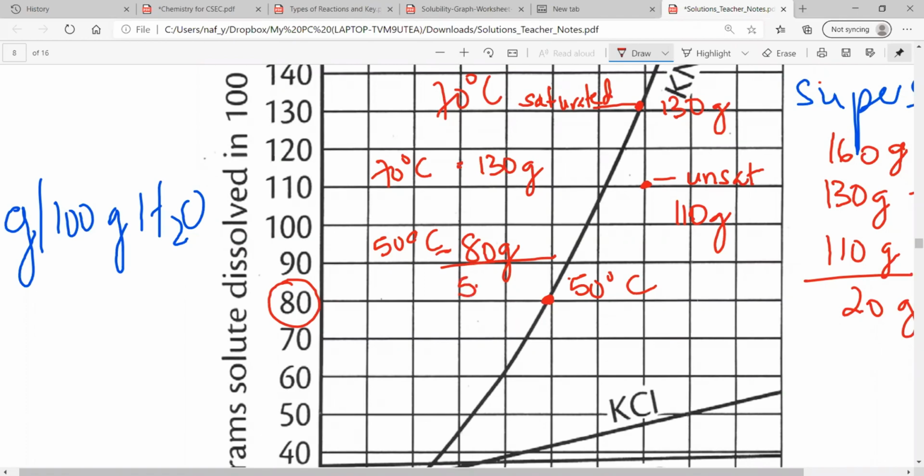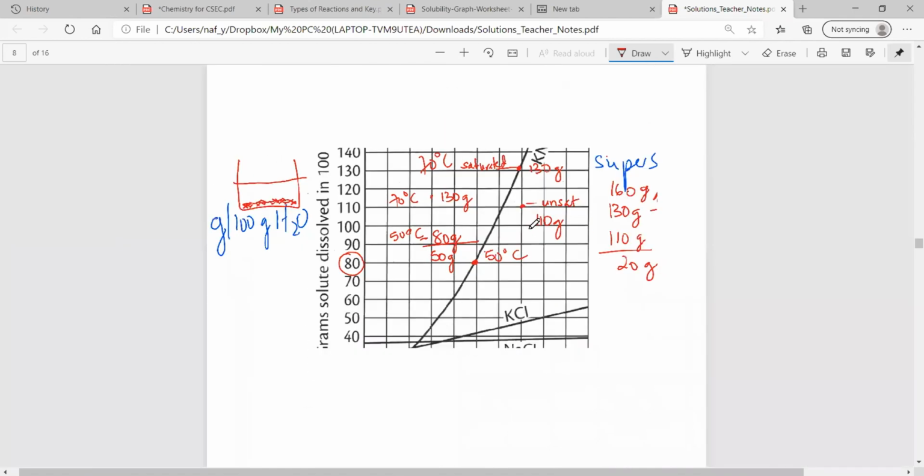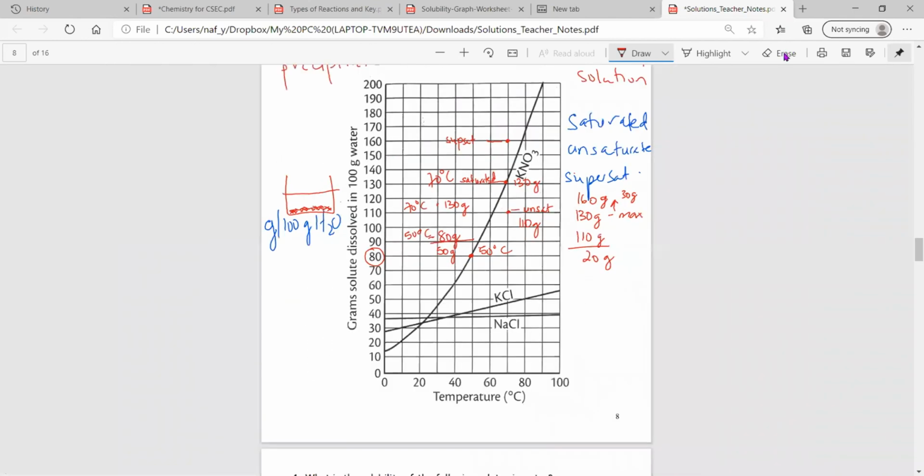That should give me 50 grams. So what they're saying is that if I have a container and I cool it from 70 to 50, I am going to have 50 grams at the bottom of my container. All right. Now that you have solved that, let's see if we can work some examples.